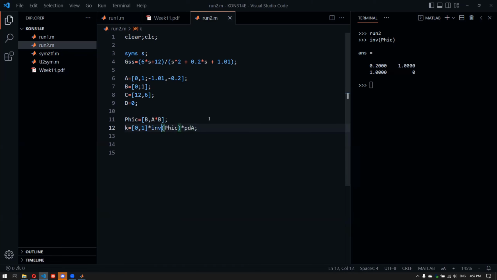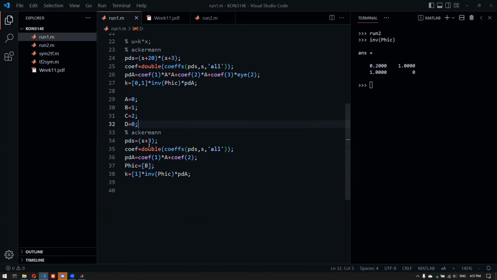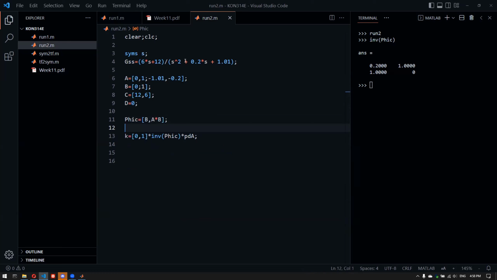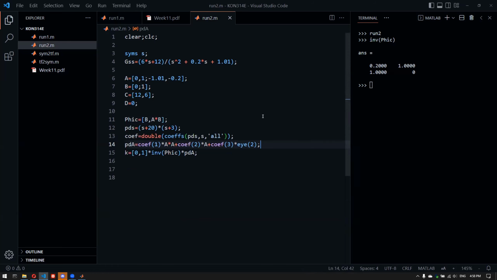This should give me the state feedback controller that I'm looking for. Before I do that, let me take this one here. For some reason, I'm just choosing 20 and 3. I have no special reason to choose these. And I'm going to look for K. So what is K? K is this one here.